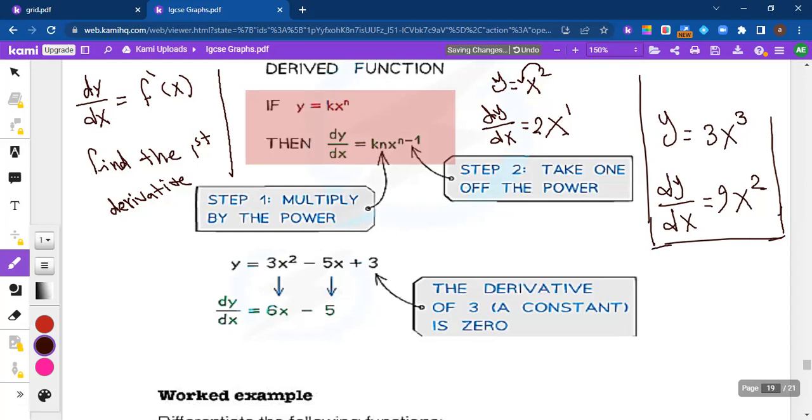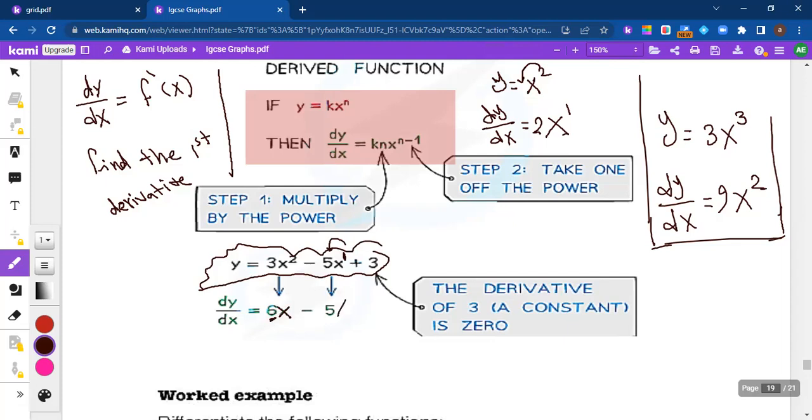Here, can you solve with me? Yes. y equals 3x squared minus 5x plus 3. Here how can we do this one? Multiply 3 by 2 equals what? 6. 2 minus 1 is 1. So 6x. How about 5x? 5x here is power 1, yes? So 1 multiply 5 is 5.